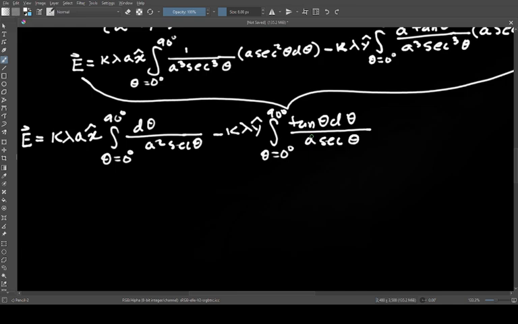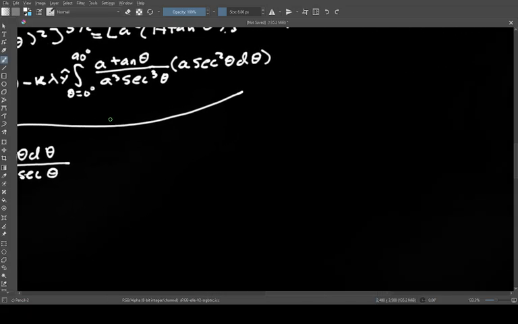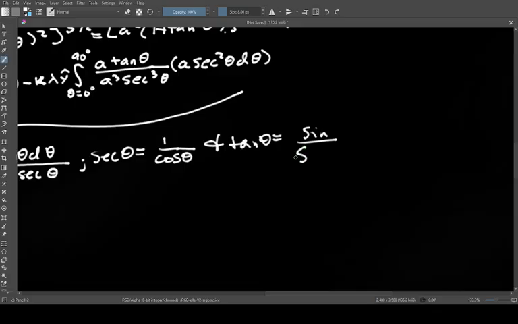Well, note that secant of theta is equal to 1 over cosine of theta, and tan of theta is just sine over cosine of theta.